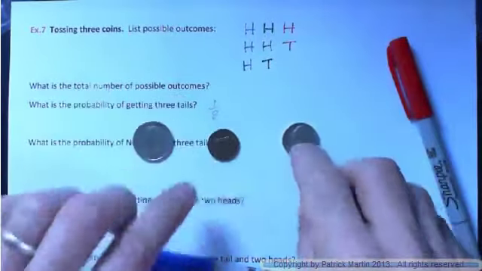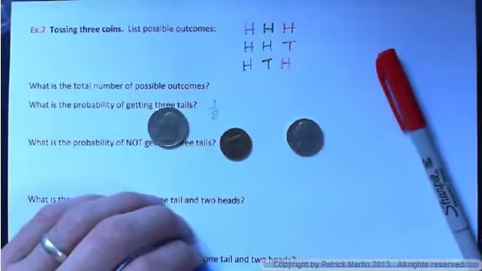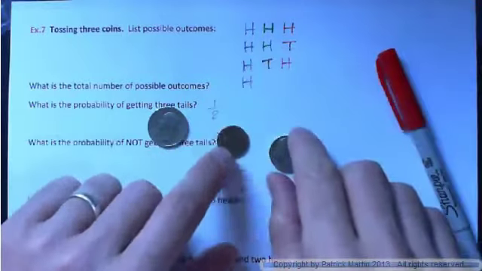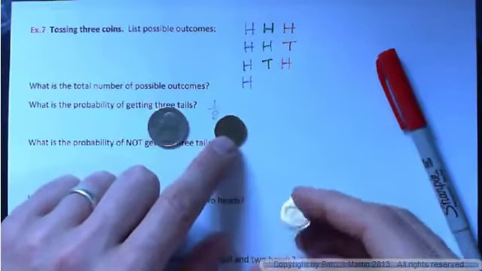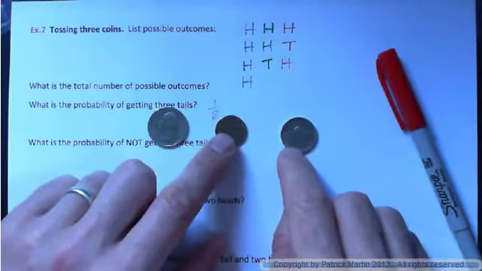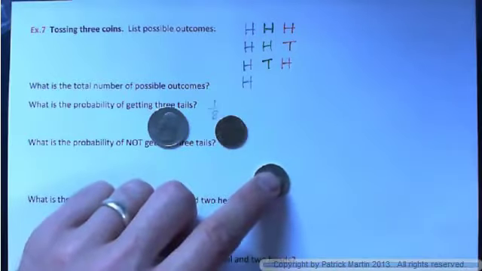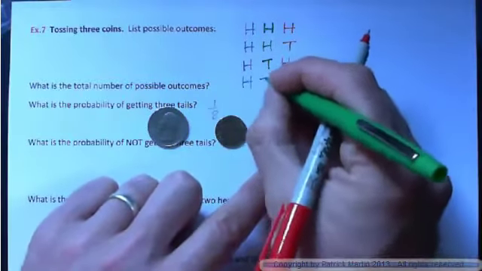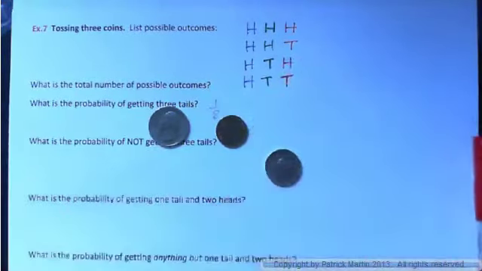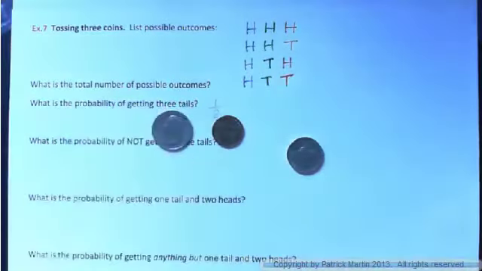And then this one could be a head, so you could get head, tail, head. Or the first one being a head, the next one being a tail, and the next one being a tail. So we could get head, tail, tail. So there's 4 possibilities. Can you press pause and list more possibilities?